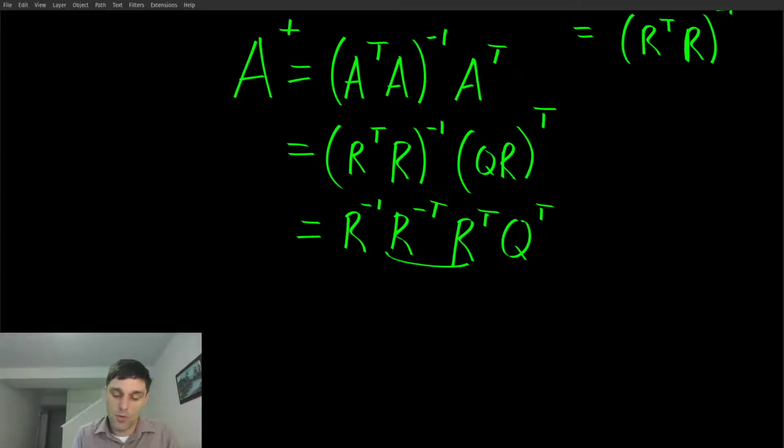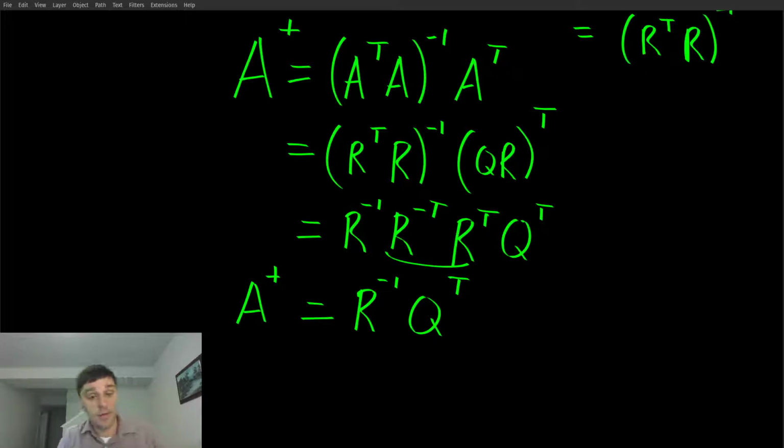These two are inverses of each other, so they turn into I and cancel out, and we get R inverse Q transpose is equal to the pseudo-inverse, which is exactly the formula that we were using for the regular inverse.